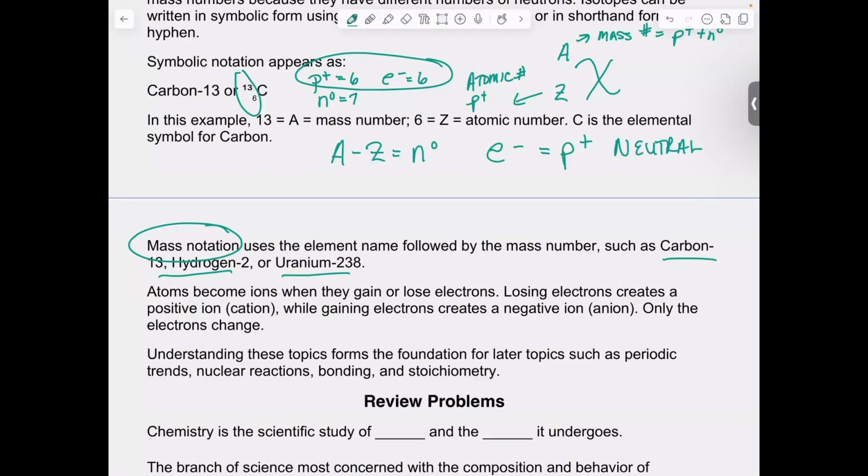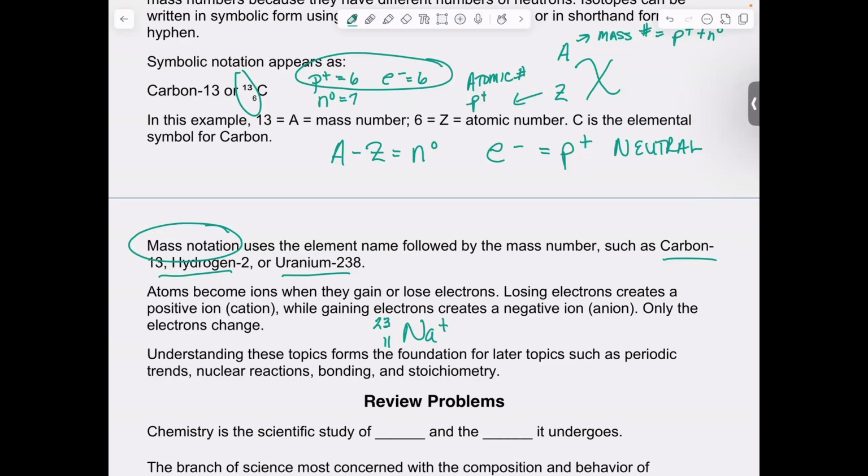So you could see a notation, for instance, I might give you Na plus, okay? And that Na plus, let's see here, I'm doing this off memory. Sodium is in group 1, right? And it should have a mass of 23 and then the atomic number of 11, right?